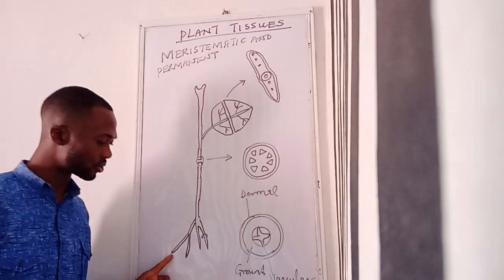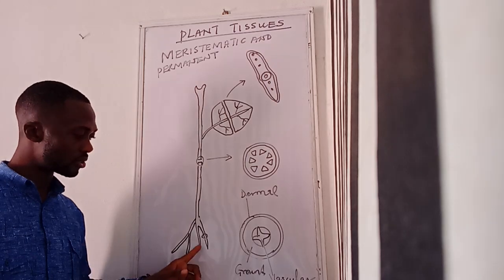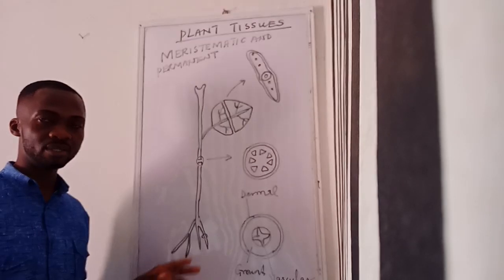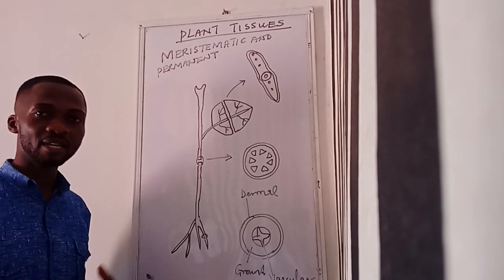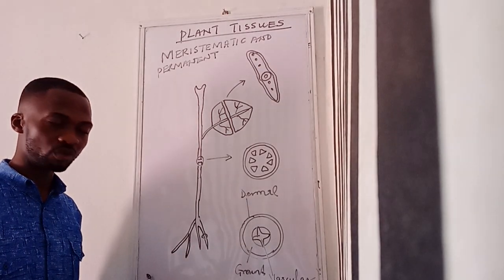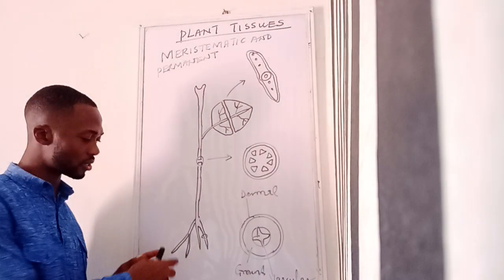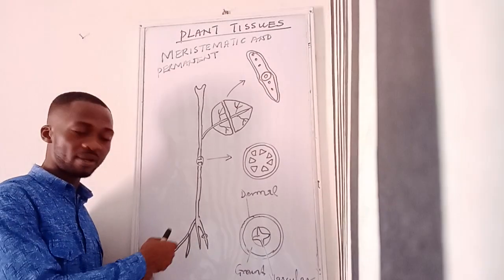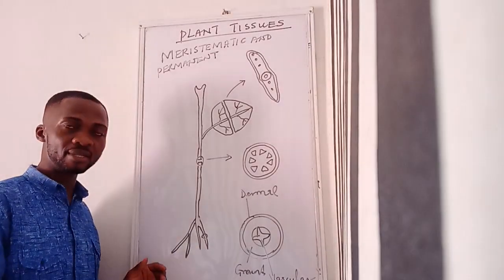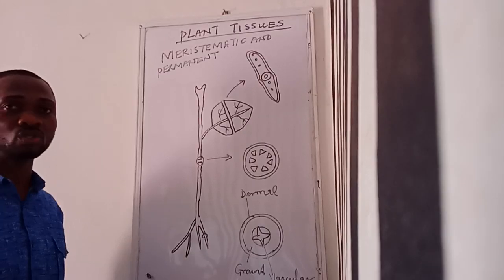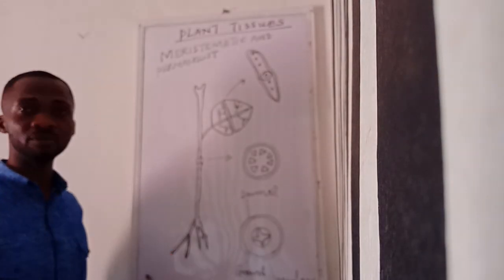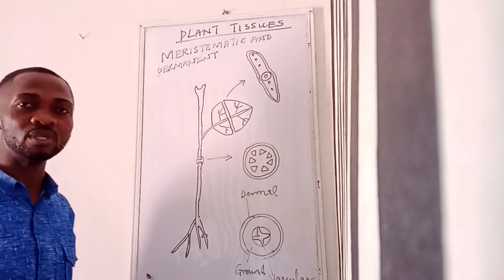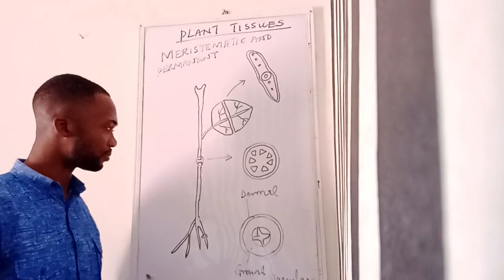So this root is growing downwards because we have at the tip meristematic cells that are in active division. As the cell division occurs, these roots are extending, and the same happens to the top of the shoot, the tip of the shoot. So the tip of the shoot and the tip of the root are equipped with this kind of tissue.